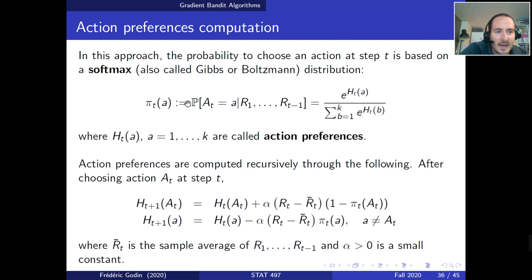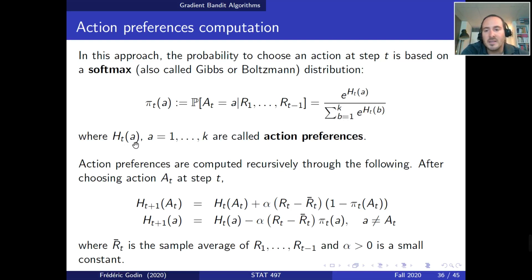Each of these pi_t(a), the probabilities associated with each action A, is defined as the following: the exponential of H_t(a). H_t(a) we will call the action preference for action A, and the subscript t means the current value of the preference for the tth play. Here we divide by the exponential of the action preference, summed over all actions.